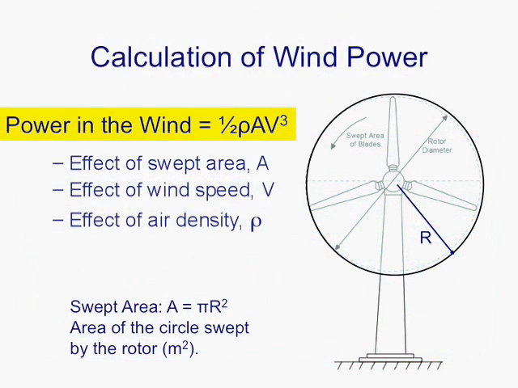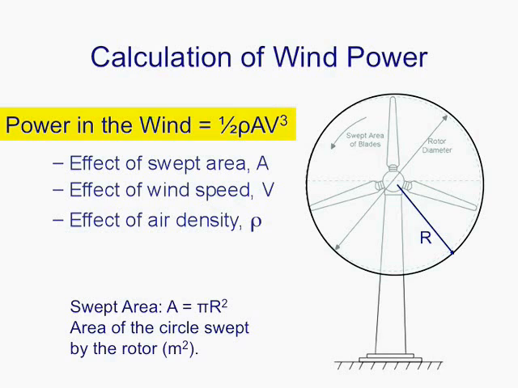So the amount of power that you can derive from the wind is a factor of three things. It's a factor of the area that your blades are sweeping through, which is pi r squared, r being the length of the blade, the wind speed, and the air density.